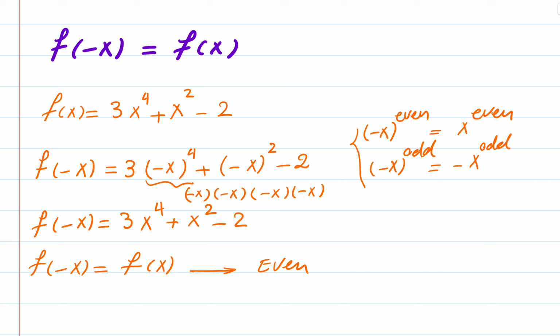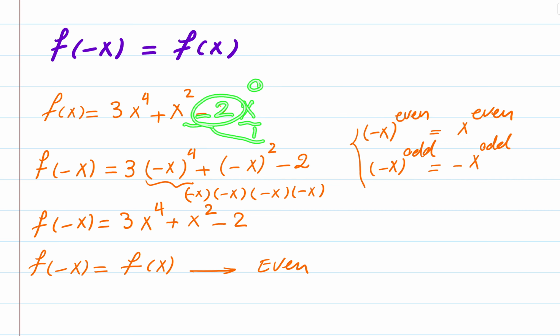Now here I want to give you a trick. When you have a function, to check if this function is even or not, you just need to look at the exponent of x. Here it is 4, 2, and negative 2, actually it's negative 2 times x to the power 0. Because x to the power 0 equals 1, negative 2 times 1 is negative 2.